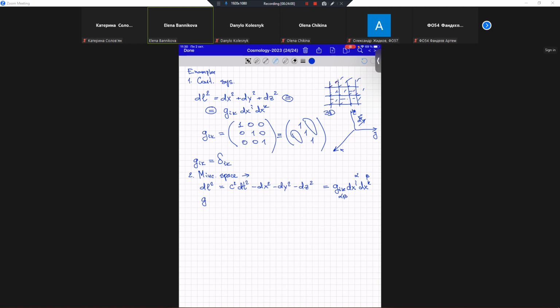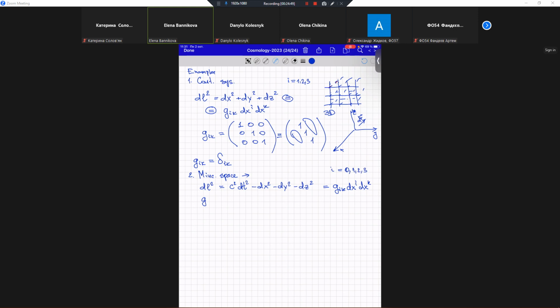So, for example, now I will keep Latin indexes here, but above I put i equal 1, 2, 3, and here I put 0, 1, 2, 3. So 0 is for time.